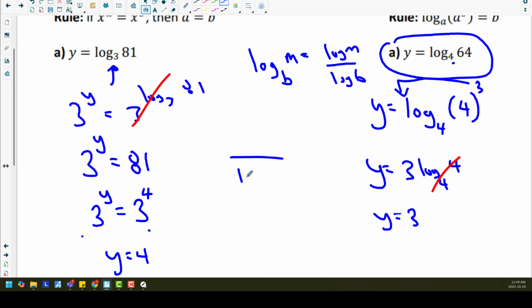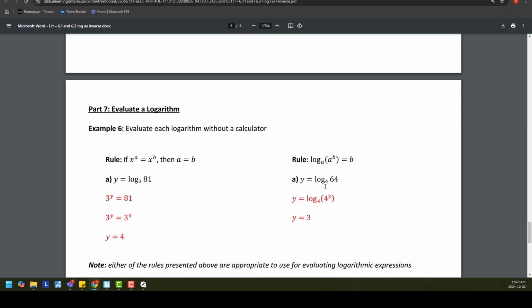So that's going to be log of 4, and m being this value here, 64, log of 64. So if you were to plug log of 64 divided by log of 4 into your calculator right now, you should get 3. That's how you can solve it using your calculator if you didn't want to convert stuff.